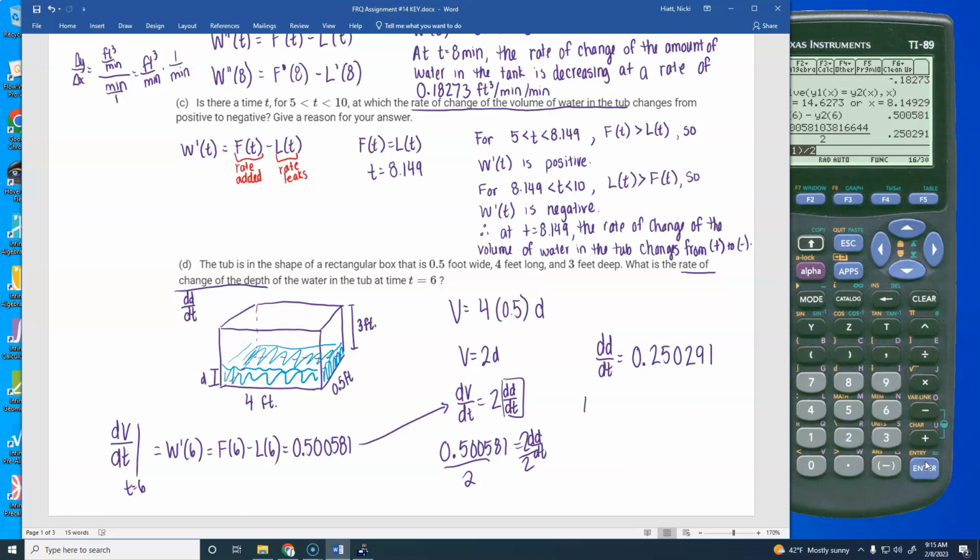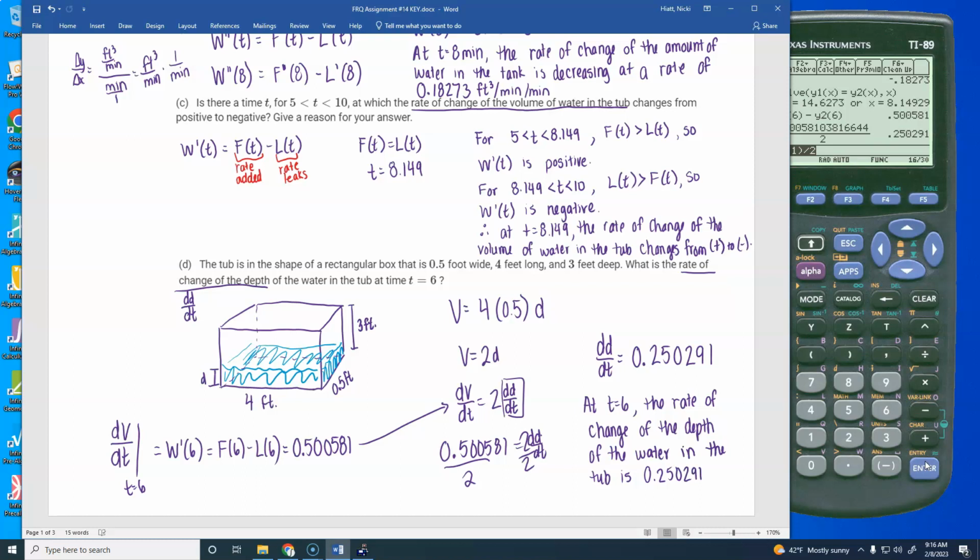And so we could say at t equals 6, the rate of change of the depth of the water in the tub is 0.250291.